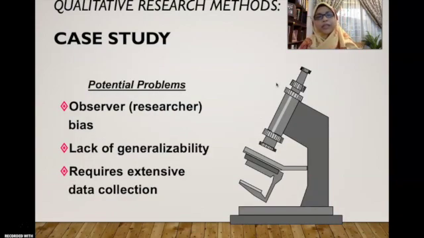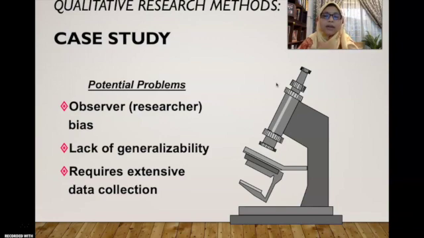So what will be the potential problems that you will encounter when you do a case study? First, observer or researcher bias, because you only focus on certain individuals, certain groups, and certain environments. And you have certain factors that you want to do research on. Lack of generalizability, because like I said, it's all about focusing.